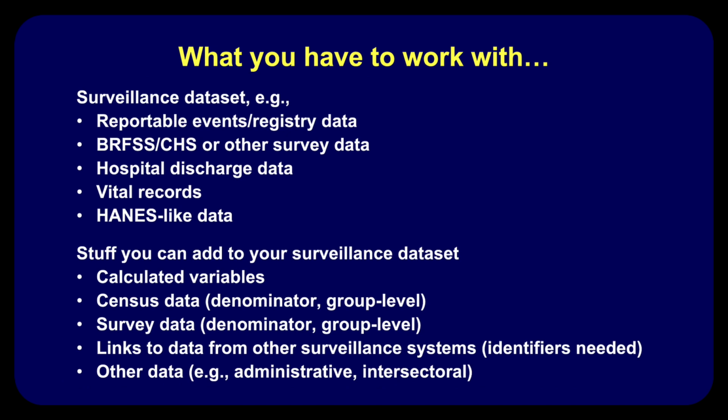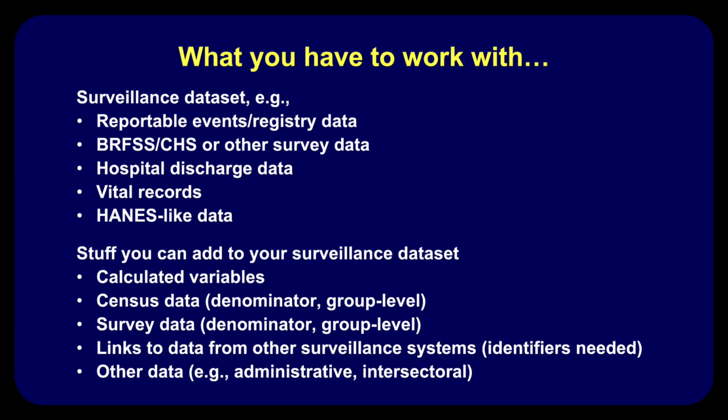So in these kinds of analyses, here's what you have to work with. You have some kind of surveillance data set, and that could be data from a reportable events type of database or registry data. You have survey data that health departments may collect routinely, such as BRFSS, or in the case of New York City, community health survey data. There's hospital discharge data, like the SPARCS data that we covered, data from vital records or vital registration on births and deaths.